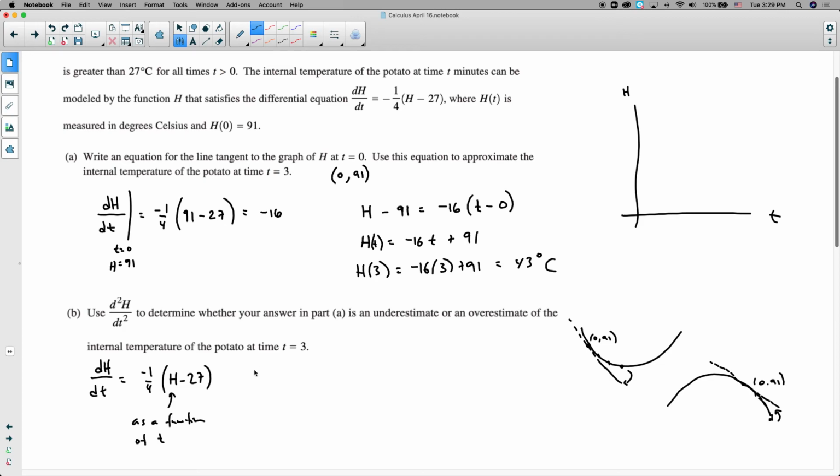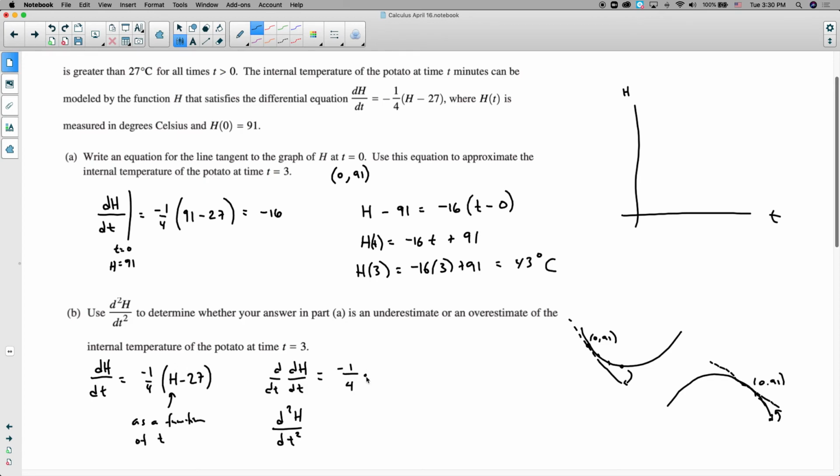All right, so then if I am to take the derivative with respect to t on each side, over here on the left side, I'll have generated the second derivative, which tells us about concavity. And over here, I'll differentiate using the chain rule. So if you can visualize distributing the negative 1/4 in there, I have negative 1/4 h, and then the derivative of that is negative 1/4, plus the constant that goes to 0.